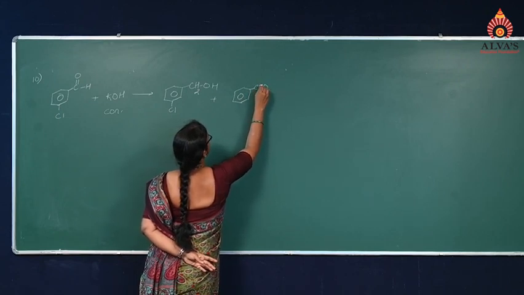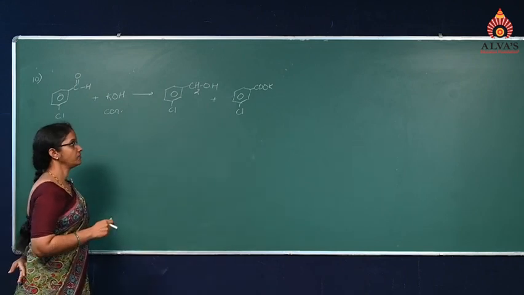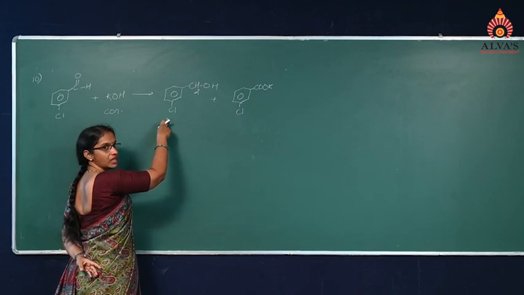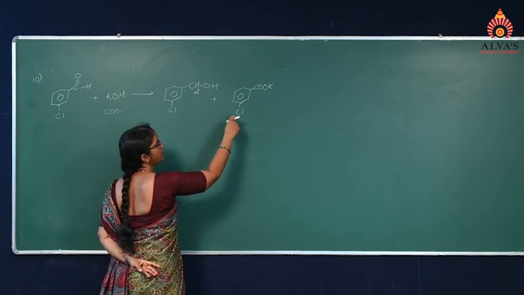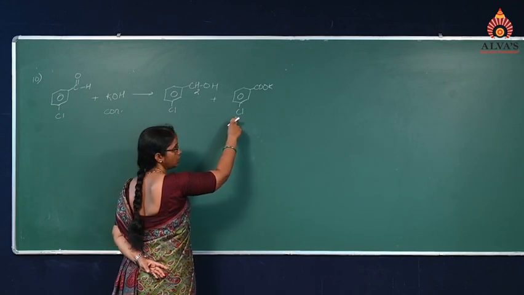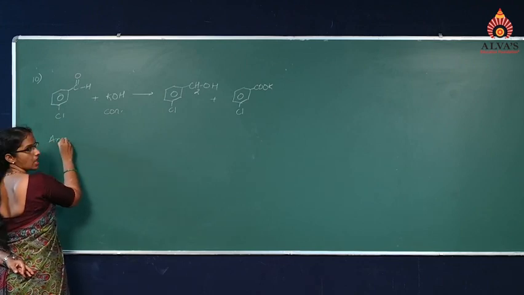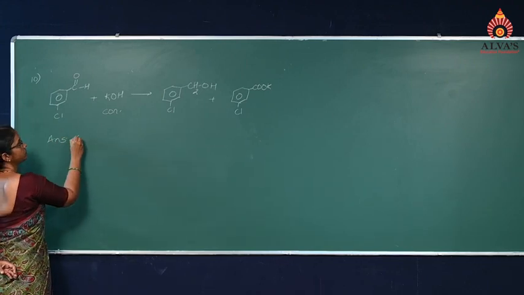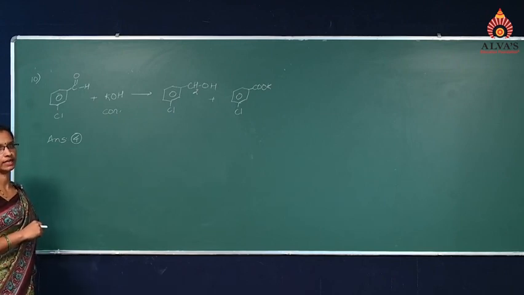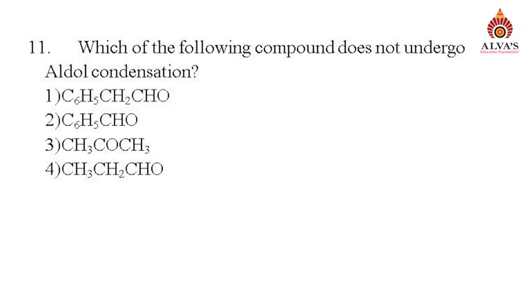Hence, the products are m-chlorobenzyl alcohol and potassium m-chlorobenzoate. The correct option is fourth, potassium m-chlorobenzoate and m-chlorobenzyl alcohol. Question number 11.